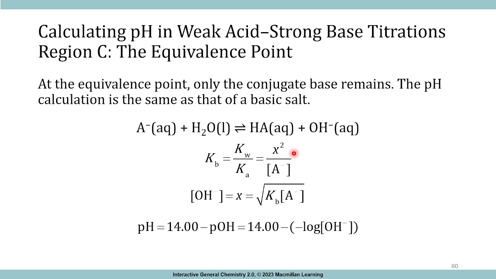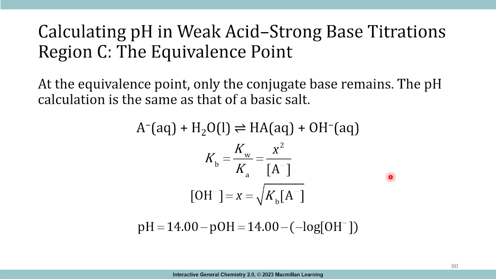Then comes our next substitution, which is that ICE problem. We took the bottom part of that ICE problem and made the 5% assumption. This is going to be x squared over the conjugate base here. We can simplify this further, going, well, we want x. X would have been the concentration of OH minus. That's going to be the square root of Kb times the initial concentration of our weak base, the conjugate base.